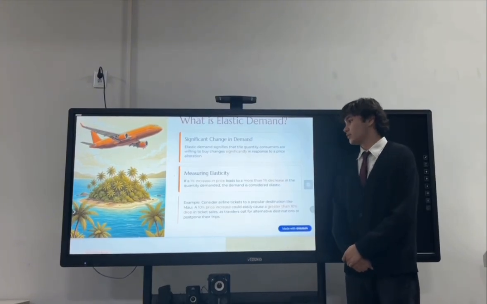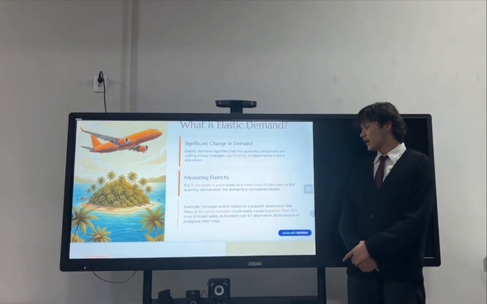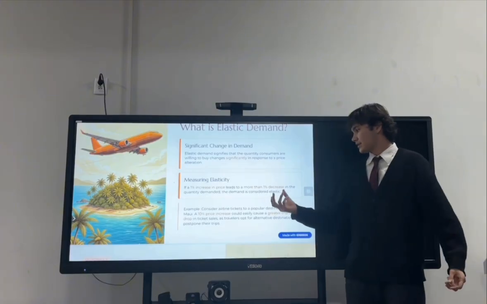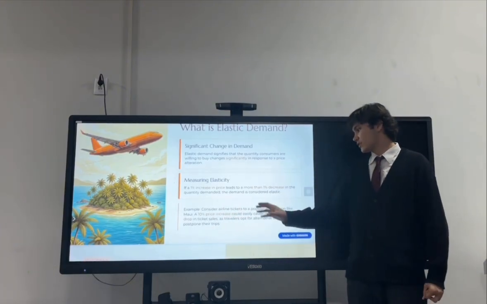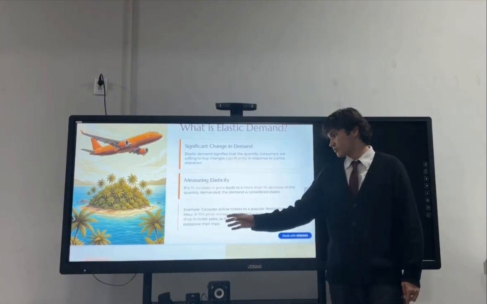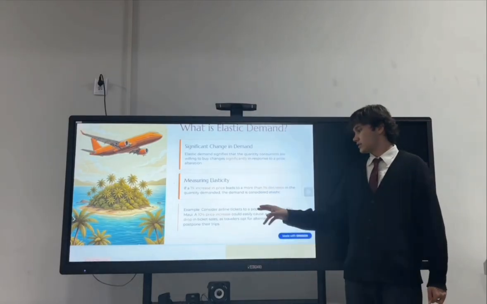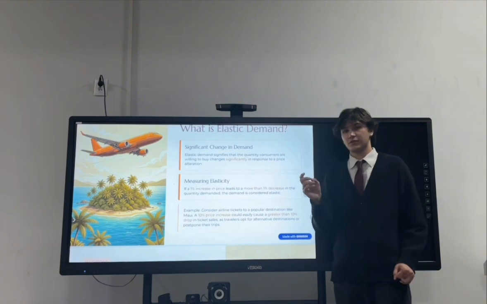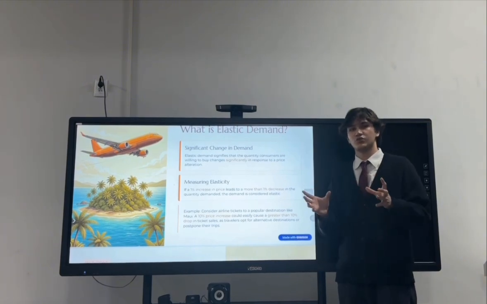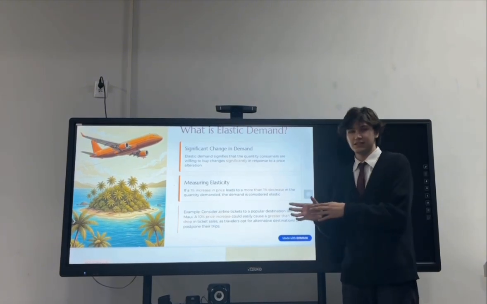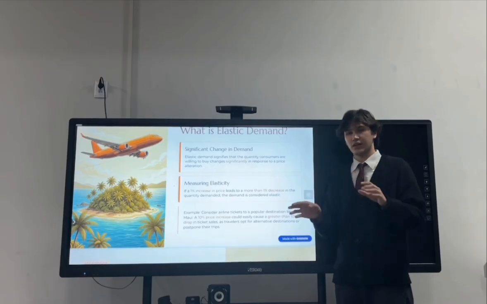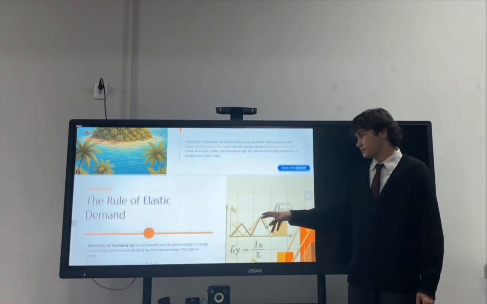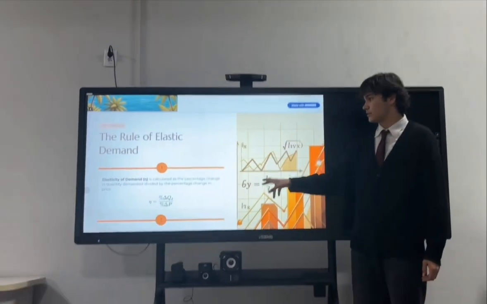That means this is elastic: its reaction to the change in price is significant, a huge reaction. When it comes to inelastic goods, they have little reaction to the change in price.